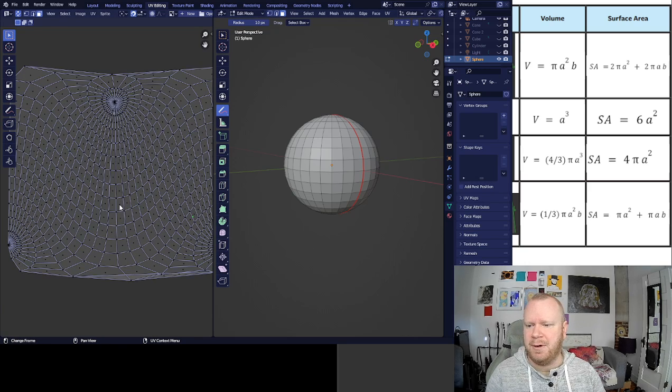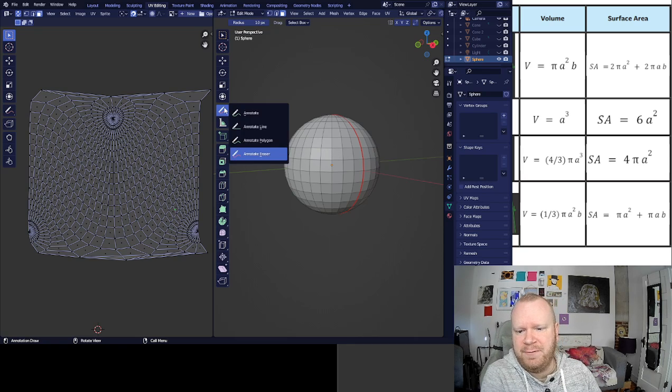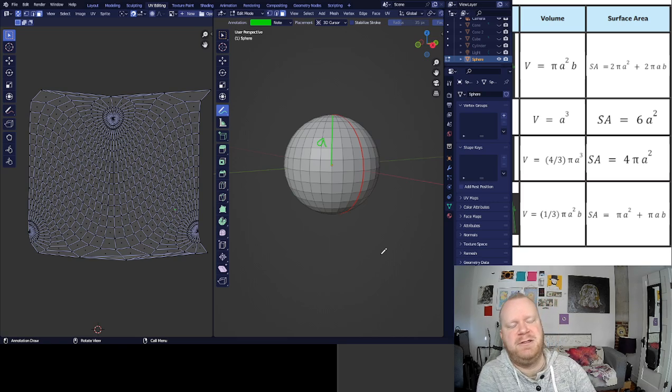In any event, we can just take for granted that for the volume of this, if I give a measurement from the center of this sphere to the edge here, I'm going to call that A. That's the radius of our sphere.